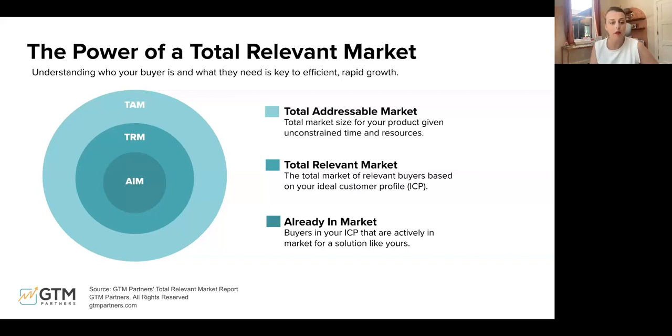So when we talk about TAM, that's the investor pool of people. That's who we tell our investors, like, this is all of the people in the world that could benefit from what we do. Total relevant market, those are the people who have proven to be really successful in using your product in the past, or you built a solution that's custom purposed to fit their needs. And then AIM are those people that are actively shopping, and those are the people we want to capture.